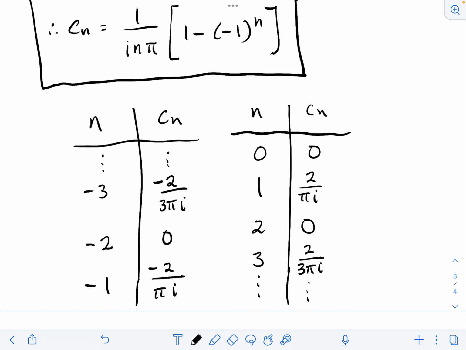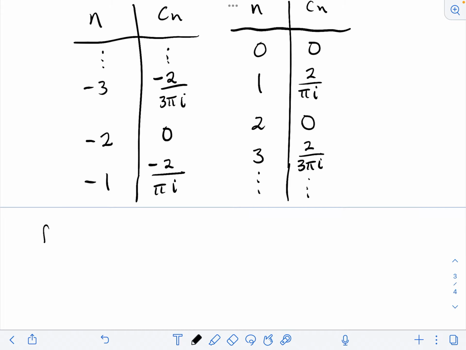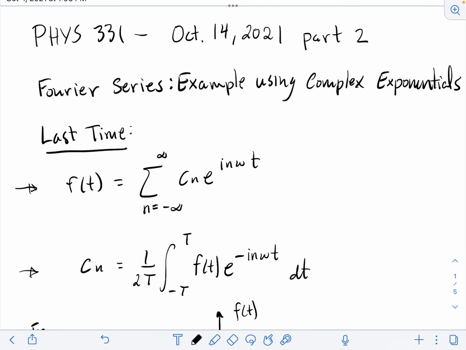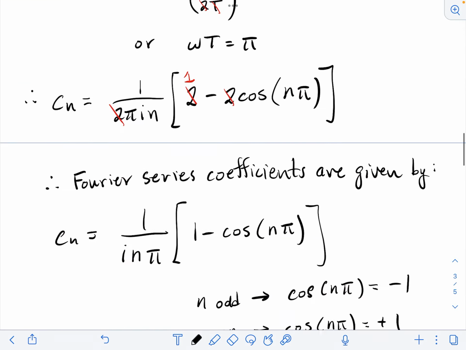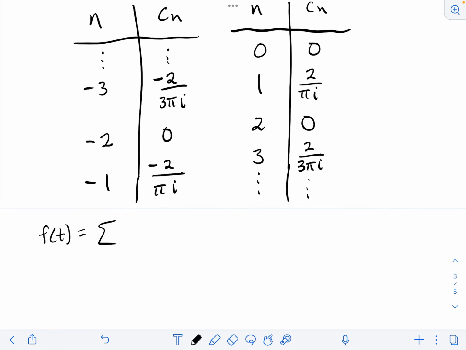Okay, so if we were to actually write down this Fourier series, let's keep our coefficients here. f of t is equal to the sum from minus infinity to infinity over n of Cn e to the i n omega t. There would be a whole bunch of terms, and let's start with the minus 3 one.